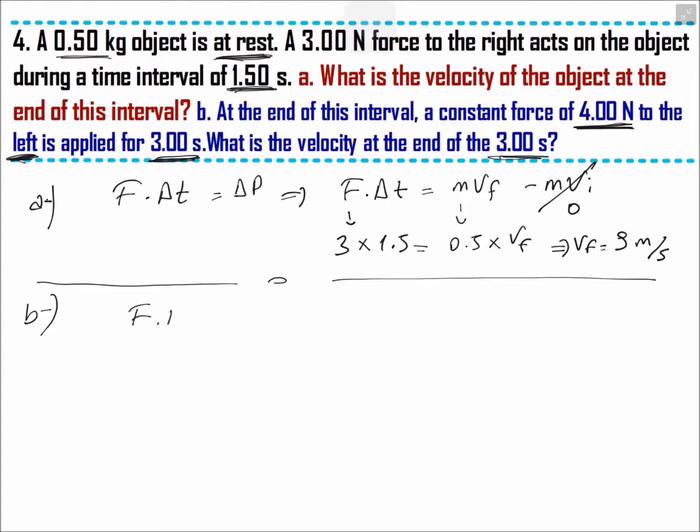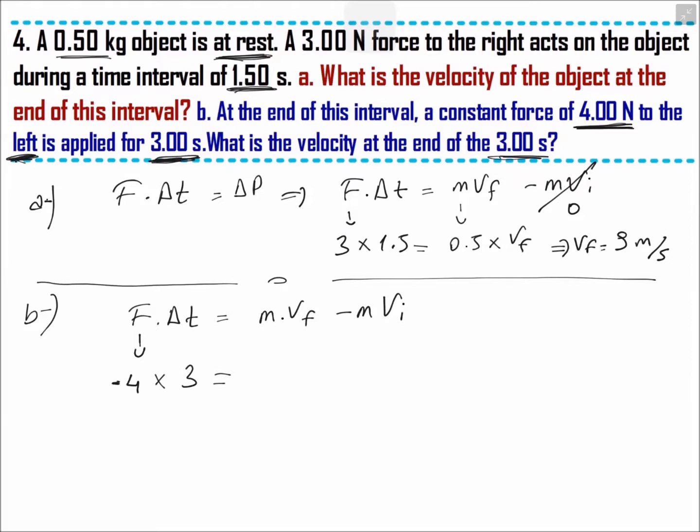Again, F times delta t equals m times v final minus m times v initial. Now the force is given as 4 Newton, but it is to the left, so it will be negative 4 times the time given, 3 seconds.